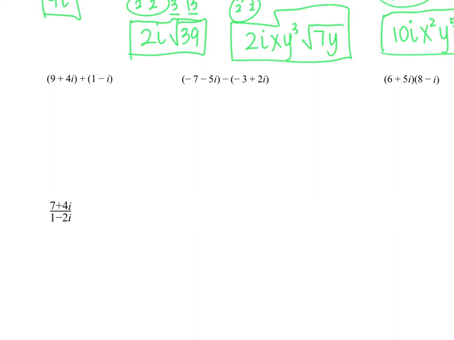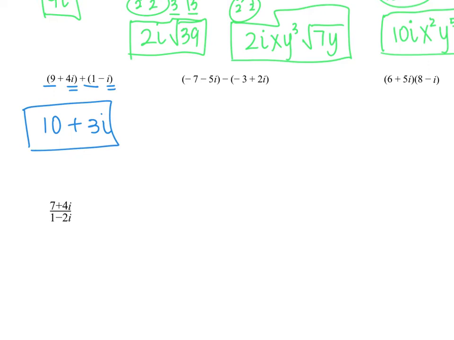So with 9 plus 4i plus 1 minus i, our real numbers are like terms, so 9 plus 1, which is 10, and our complex numbers are like terms, so 4i plus negative i, which is a positive 3i. And 10 and 3i are not like terms, they don't combine, so that's our final answer.